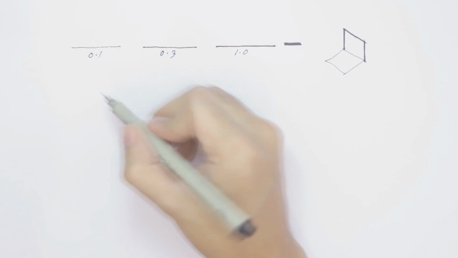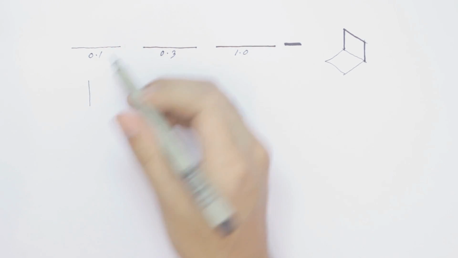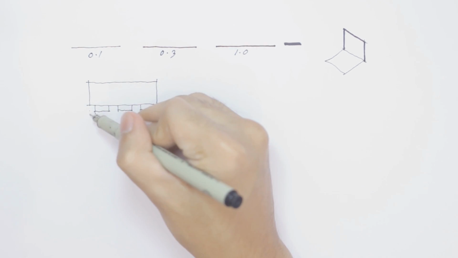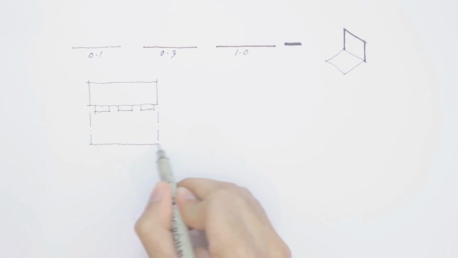Now say for instance I have an object or structure that in plan looks like this, and in elevation it looks like this.